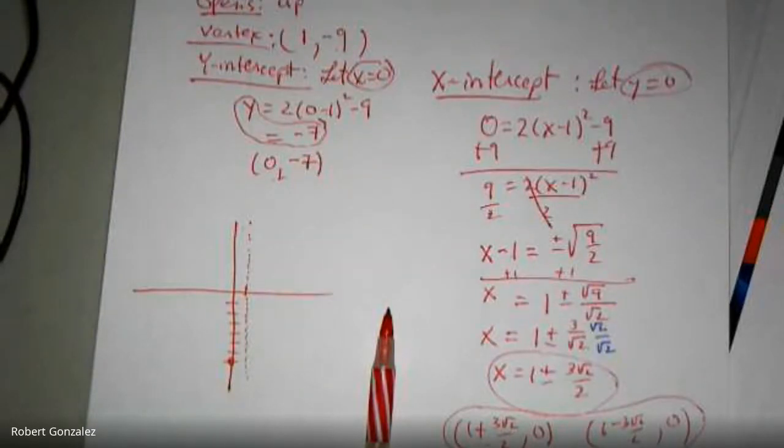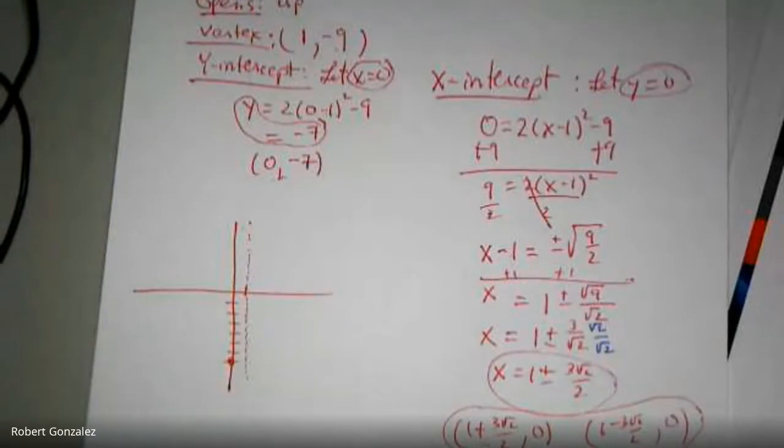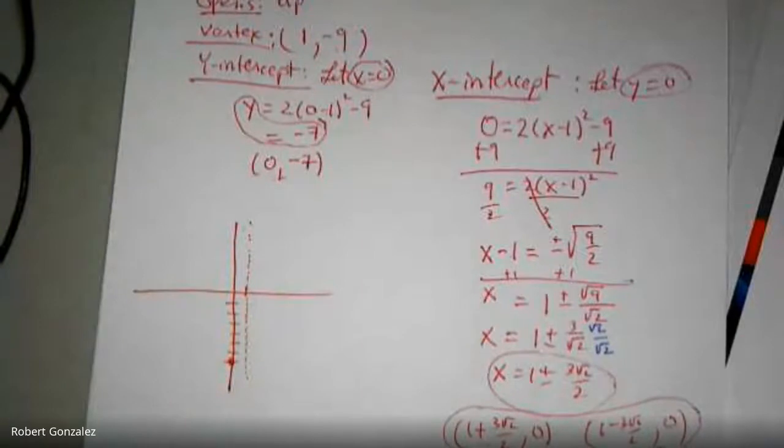So 3 times 2 to the power of 0.5 divided by 2. 1 plus 3 radical 2 over 2 is 3.12. If I change it to a minus, I get negative 1.12.